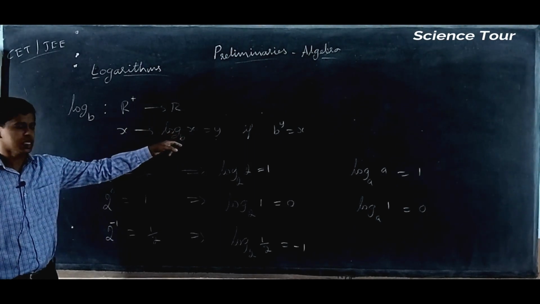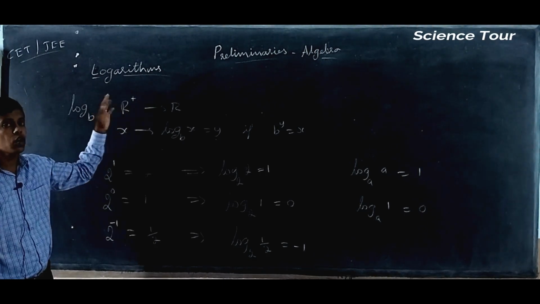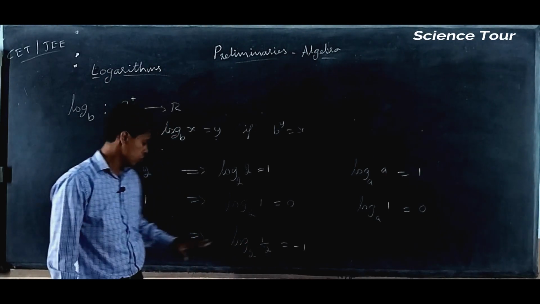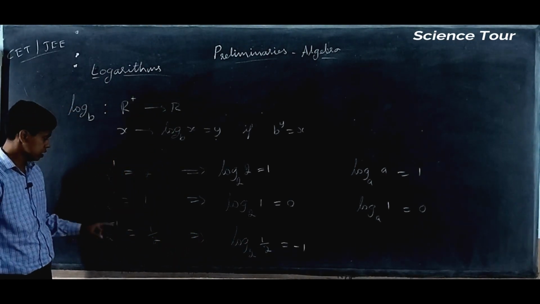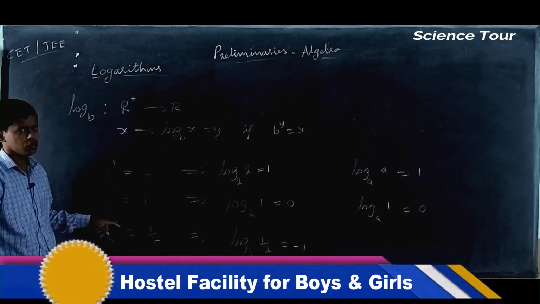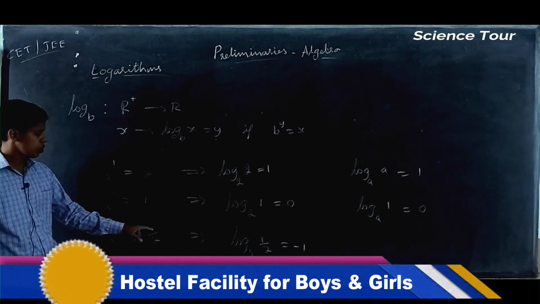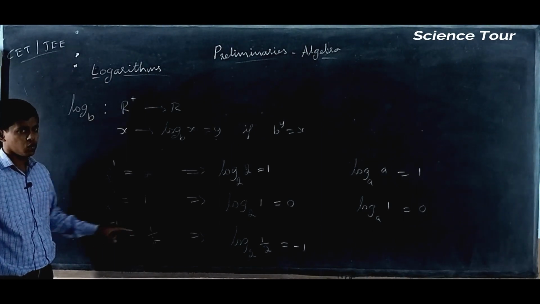Log x to the base b, x is coming from R plus, so x cannot be negative at all. That means this number cannot be negative at all. You take positive power, you take 0, you take negative power, go on like this. You take minus 2, minus 3, minus 4 and so on. If you take minus 2, this will be 1 by 2 square, 1 by 4. If you take minus 3 here, 1 by 8.